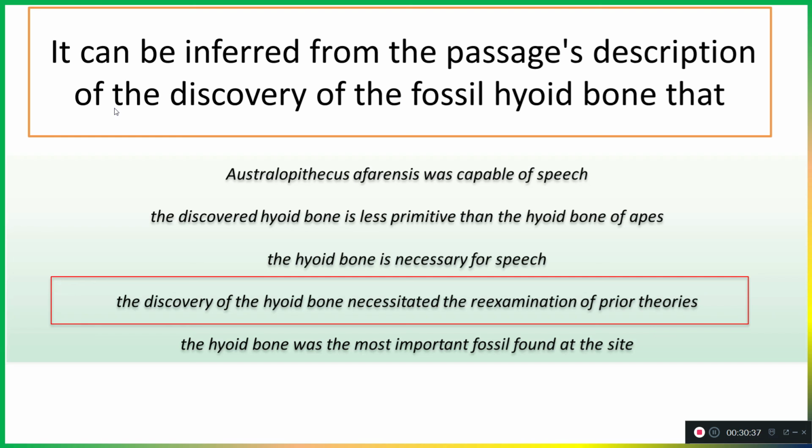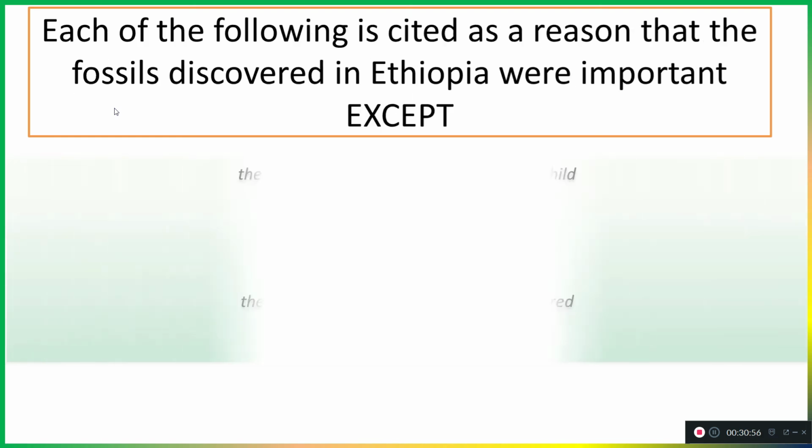And if I talk about the hyoid bone being the most important fossil found at this site, yes, it might be. But what is the most relevant inference? Why is the author saying so? The author is trying to say that the discovery is causing the re-examination of prior theories.